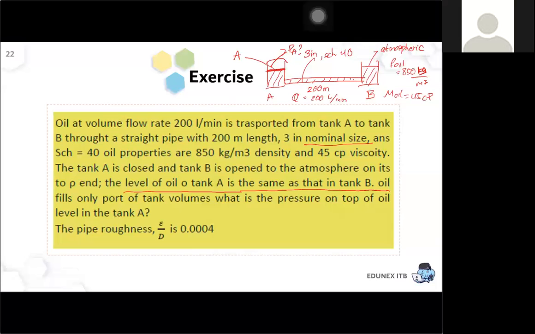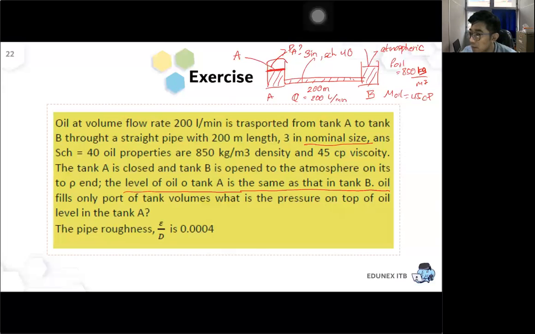B is where? On the right. Yeah, I mean at the bottom or at the top? Which one do you choose? The point at the top of the oil in tank B or at the bottom of tank B? I think at the top of tank B. Why?